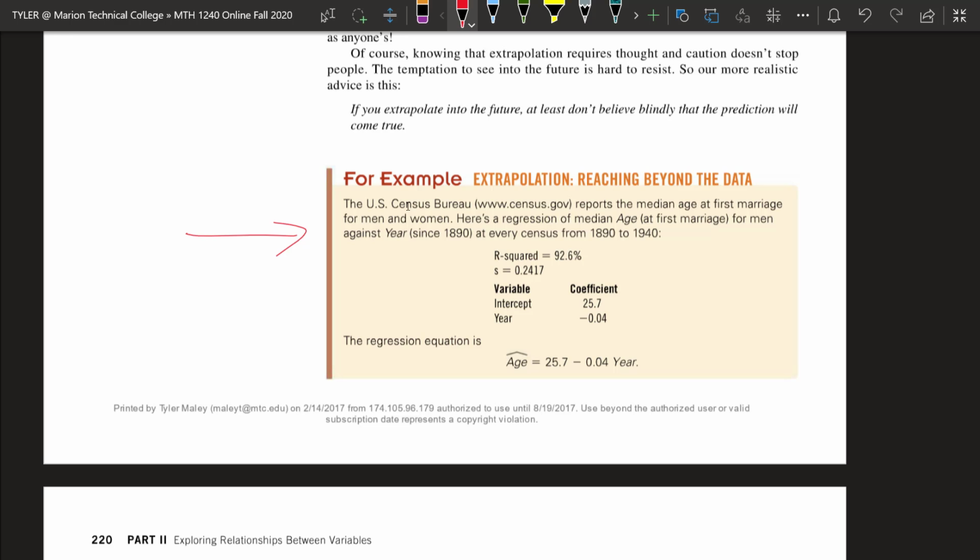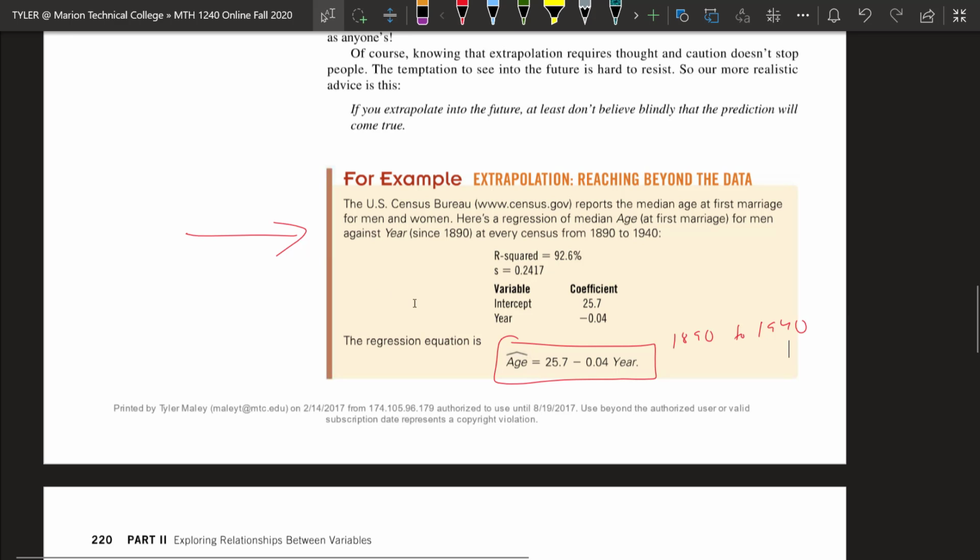Like here, we looked at data for the median age at first marriage for men and women, and looked at time, and we came up with this model, this equation for the years 1890 to 1940, right?